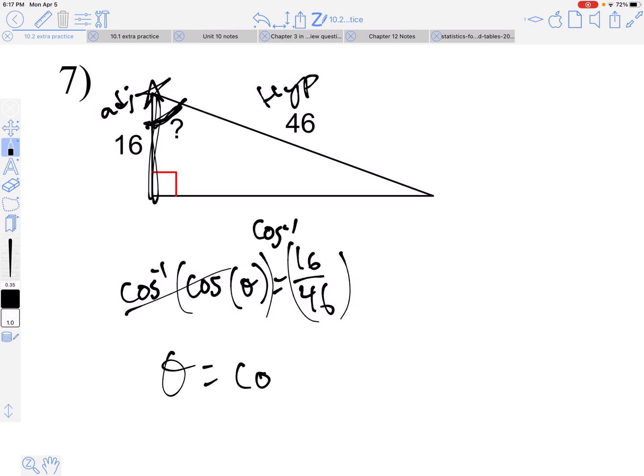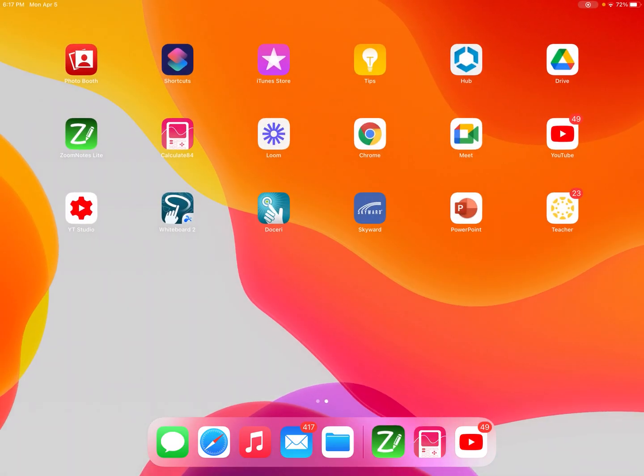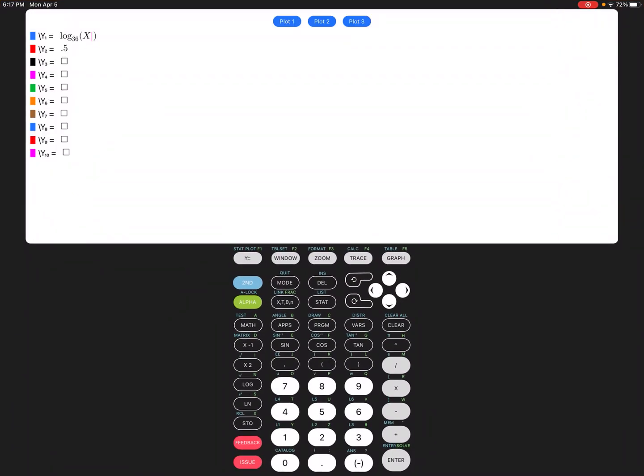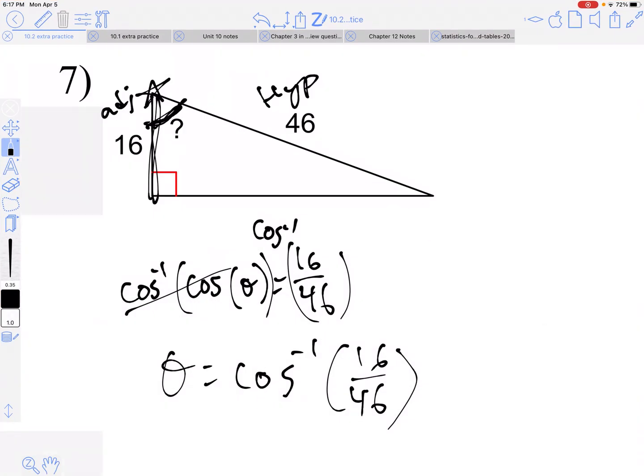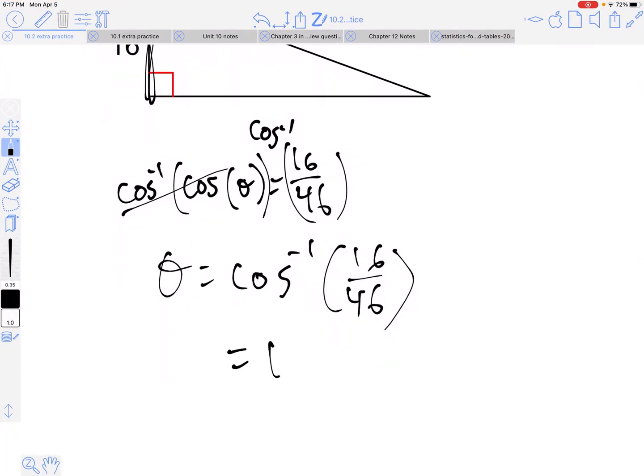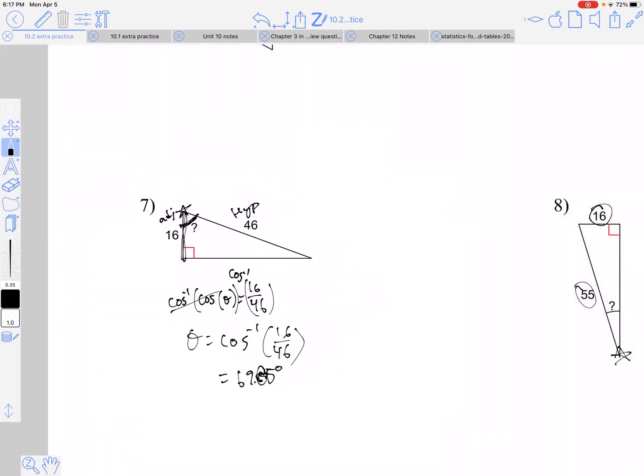Theta equals cosine inverse of 16 over 46. And we get 69.65 degrees. So that equals 69.65 degrees. Awesome.